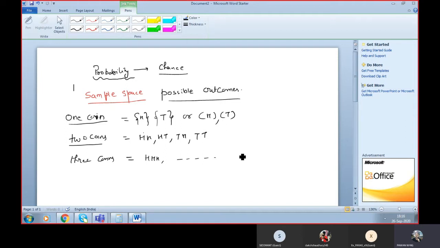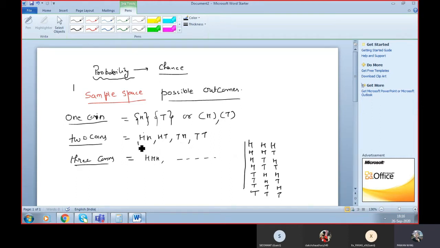I'll give you one method by which you can easily generate the sample spaces. For three coins, you just have to write 4H and 4T, then 2H, 2T, then 2H, 2T, and then H, T, H, T, H, T, H, T. This is a technique to design the total sample spaces for three coins.